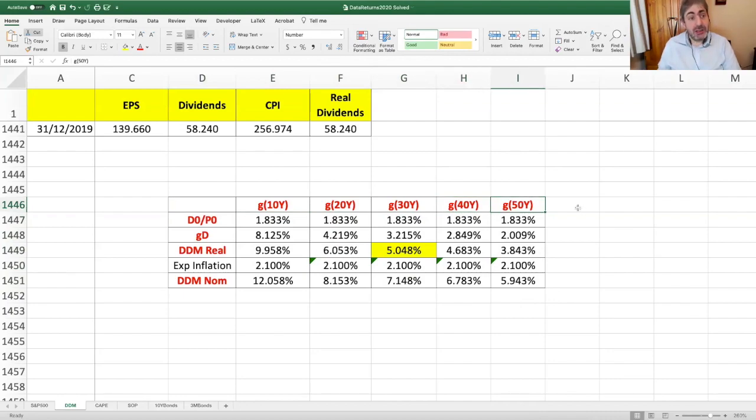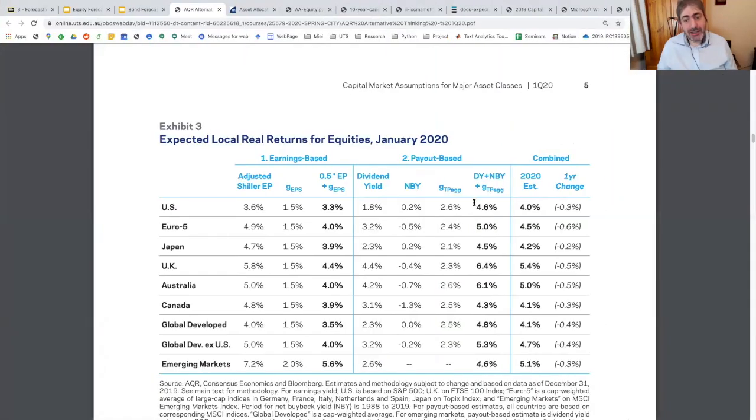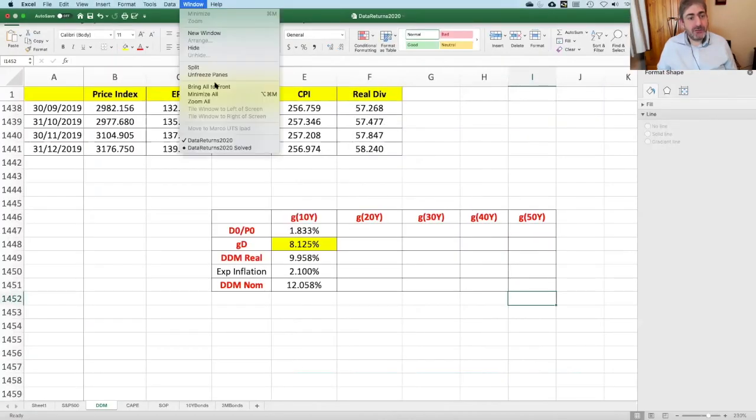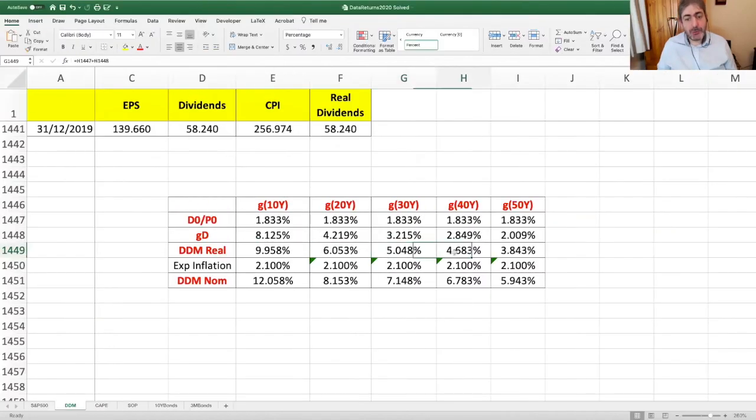And so if you look at it, you will see that in order to get the same expected return that AQR gets, I remember AQR gets 4.6% on the payout based method for the US, we need to use 40 years of data. Okay, so if we forecast dividends with 40 years of data, we get exactly the same expected return that AQR gets. Okay, basically we should use at least 30 years of data if we want to get some reasonable number here.